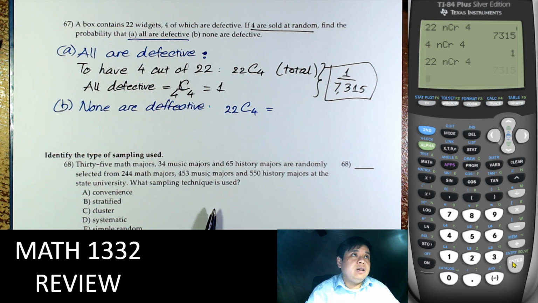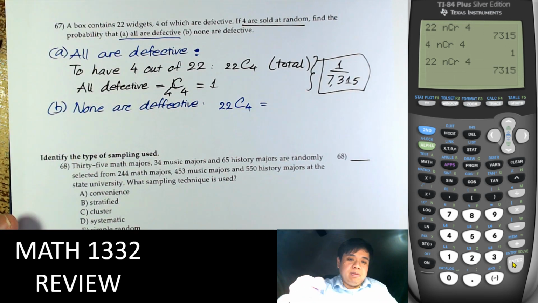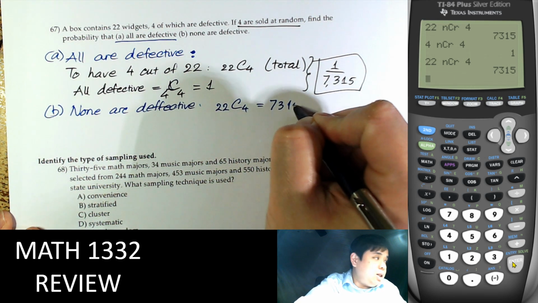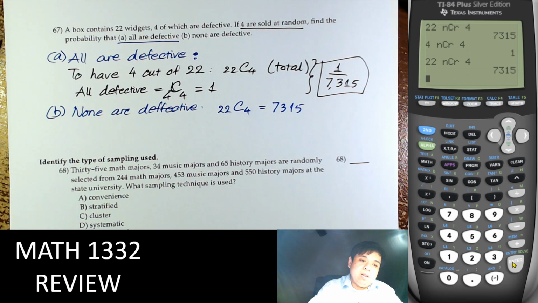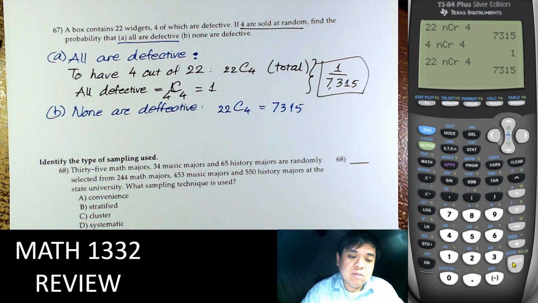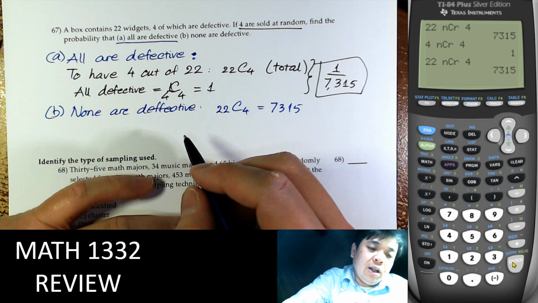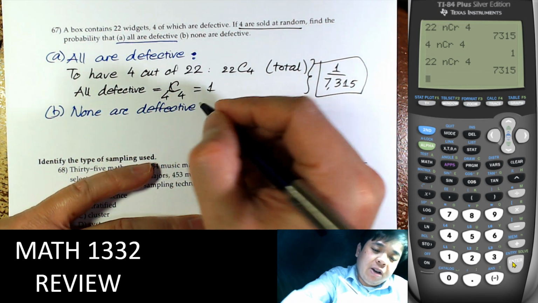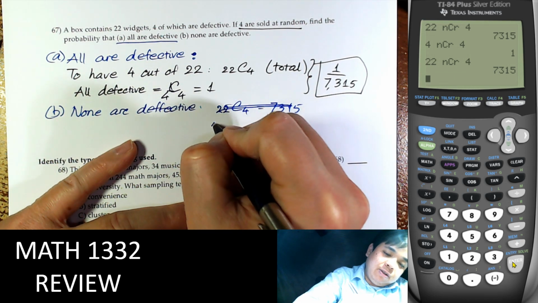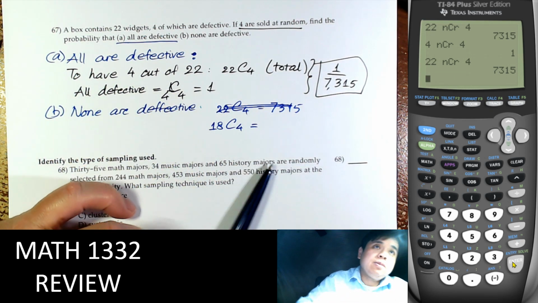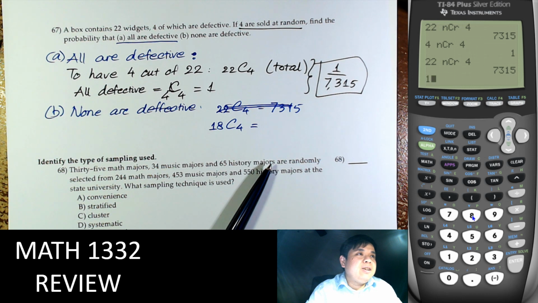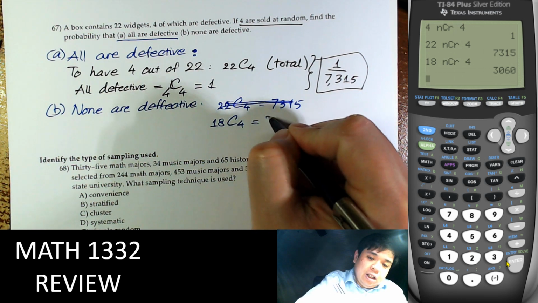I'm sorry, 4 of them are defective, so 18 of them are left that are non-defective. We pick 4 of those, and we have 3060.